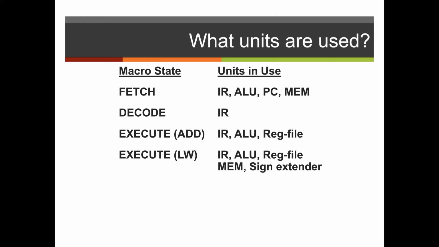And so what are some observations that we can make in considering this? Well, we notice that for each of these steps, our instruction register is going to be used in every one of our macro states.